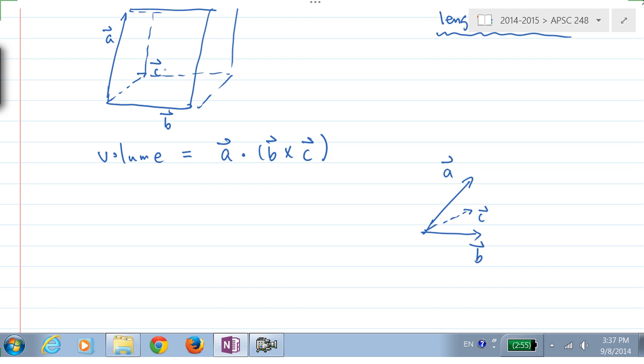Instead of constructing a parallelogram at the bottom, construct a triangle at the bottom, and then connect all the vertices. That's what we call a tetrahedron.